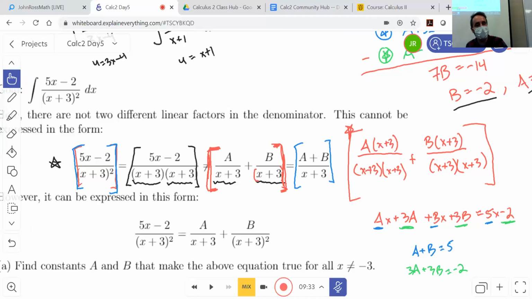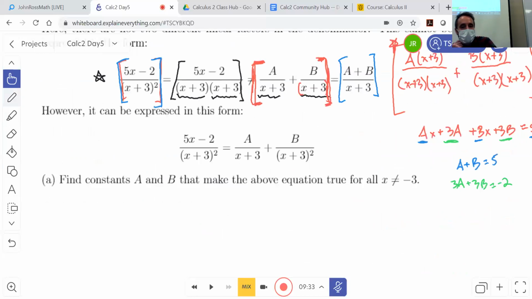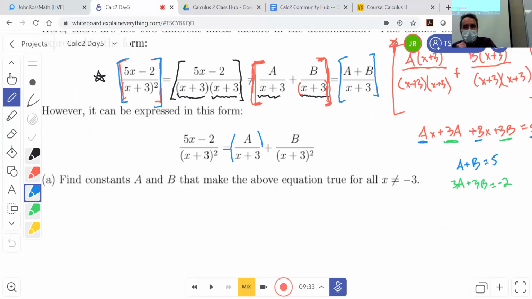So what can we do instead? If we cannot express these things in the form A over x plus 3 plus B over x plus 3, we can attempt to break it down in a different way, under a different set of partial fractions. In fact, the recommended strategy is to, again, include an A over x plus 3. That's what we have right here. But instead of having a B over x plus 3, we have a B over (x plus 3) squared.